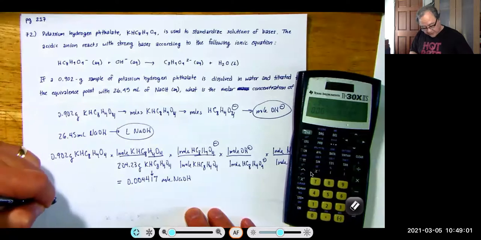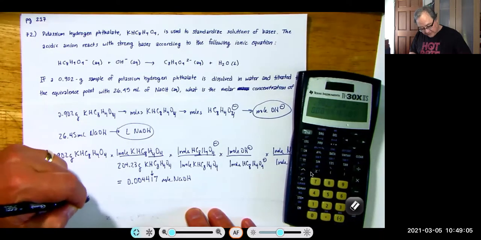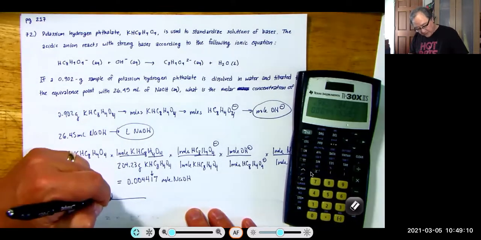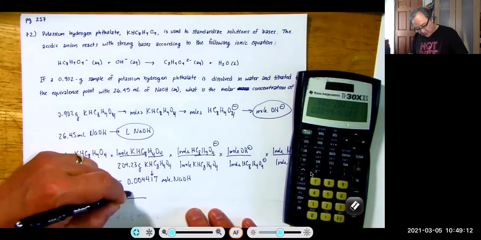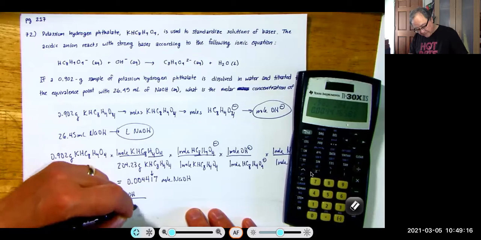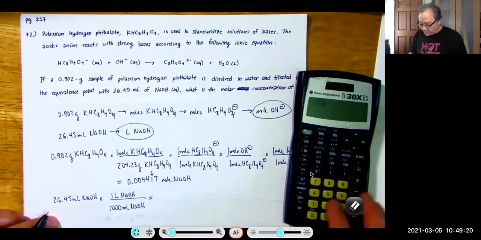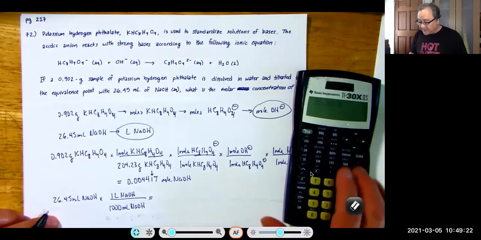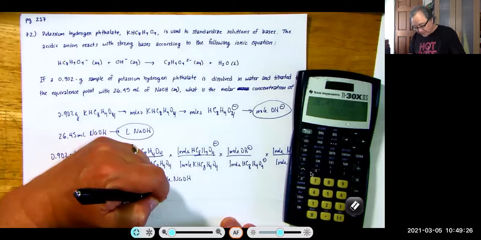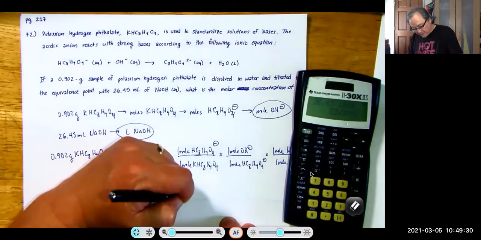We take our 26.45 milliliters of sodium hydroxide, multiply by 1 liter of sodium hydroxide per 1,000 milliliters of sodium hydroxide. And we have 26.45 divided by 1,000. And I get 0.02645 liters of sodium hydroxide.